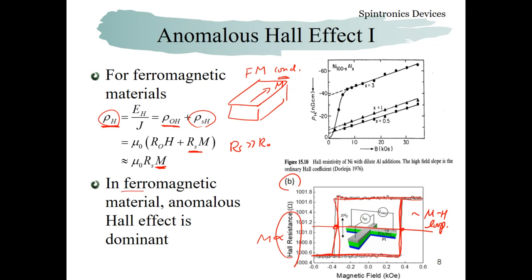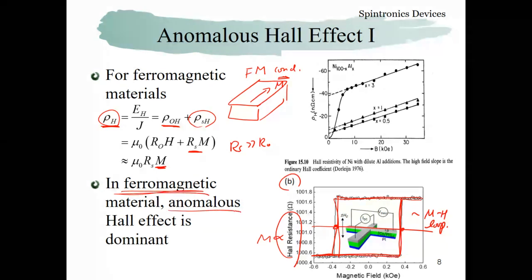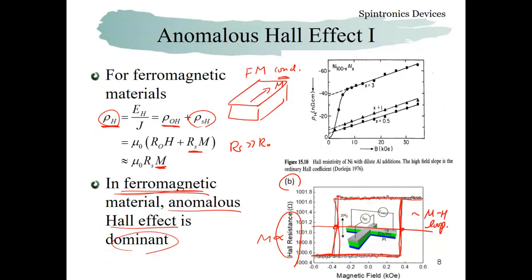So in ferromagnetic materials, such anomalous Hall effect is much more dominant. But we have another example here. Let's think about the nickel aluminum alloy.